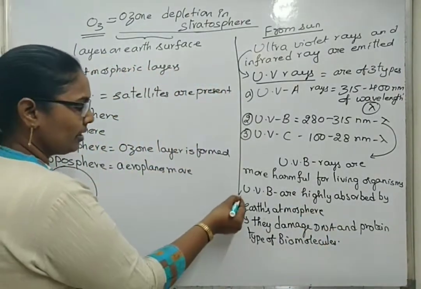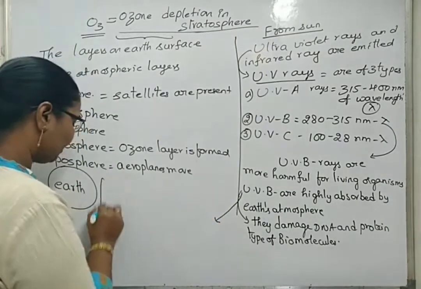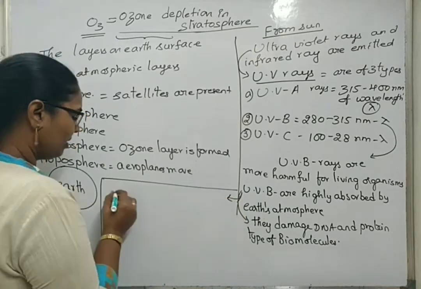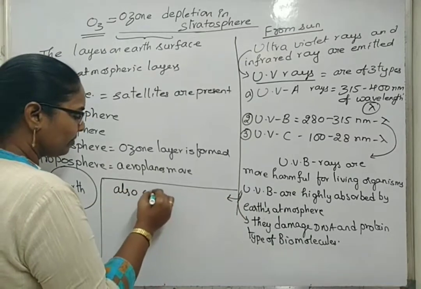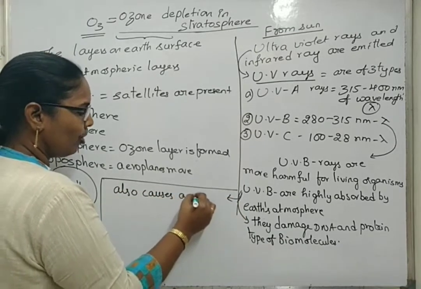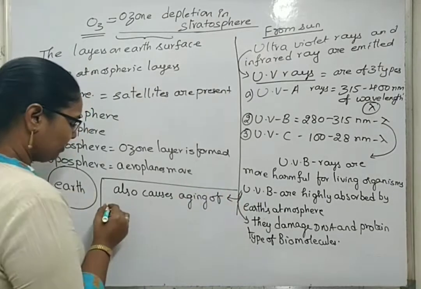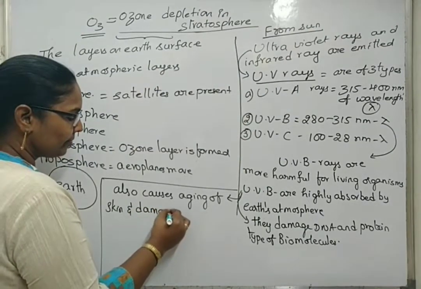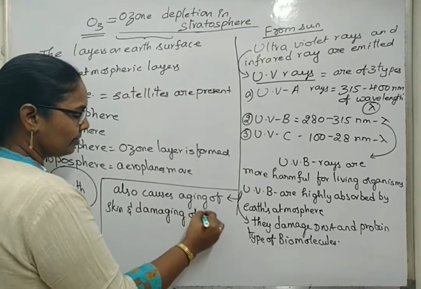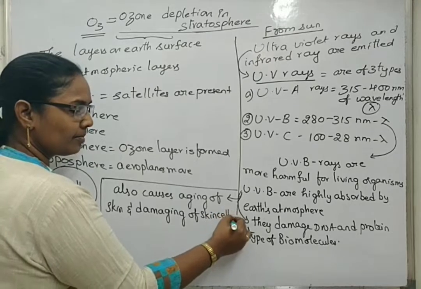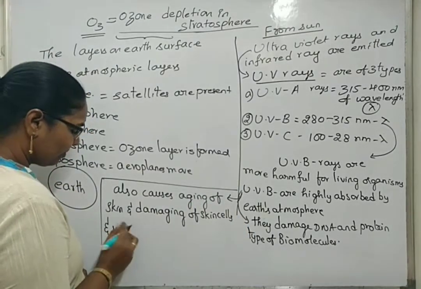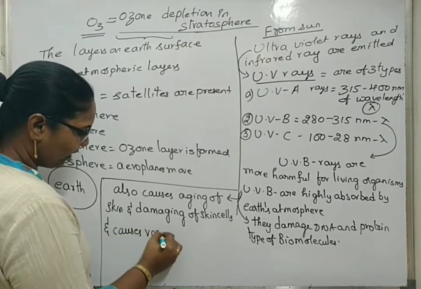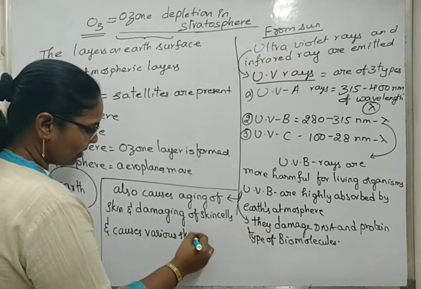Next, this UVB type of rays also causes aging of skin and damaging of skin cells and causes various skin cancers.